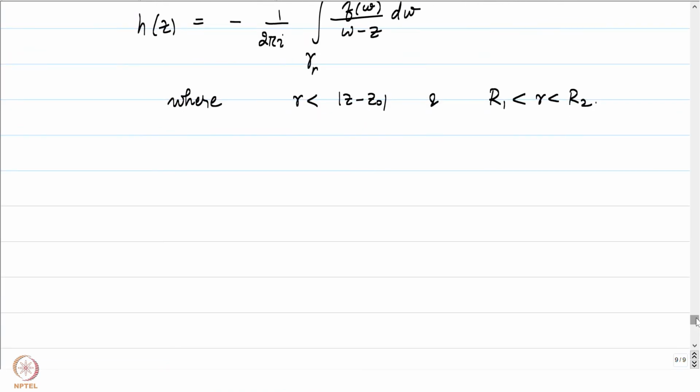Okay, now we have two functions, one defined in the disk of radius capital R2 and the one which is defined in the complement of the closed disk of radius small r1, which is less than R2. So, what have we done? Let me just draw a picture and tell you what was done. So, this is the disk of radius R2.